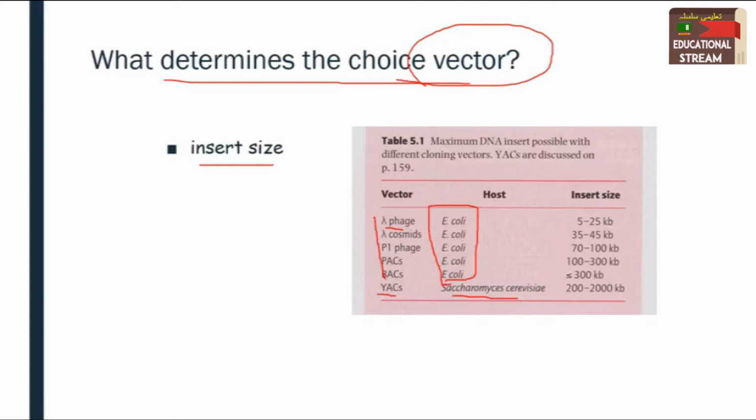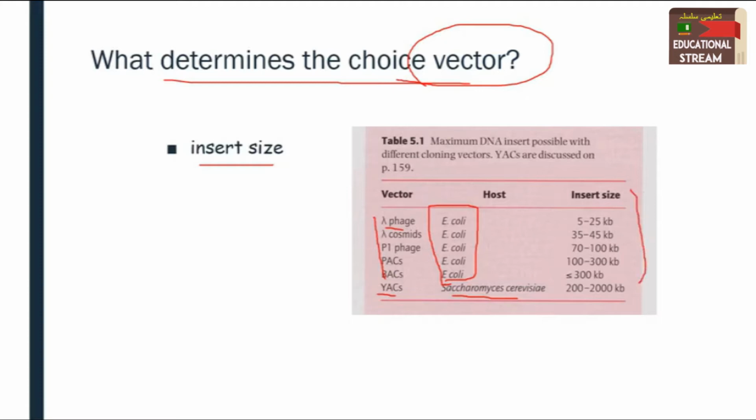YAC and BAC can incorporate plasmid vectors. This can be incorporated into the E. coli and the yeast host, but the most preferable host for the BAC is E. coli, and for the YAC it is Saccharomyces cerevisiae. And here a summary of the insert size has also been provided.